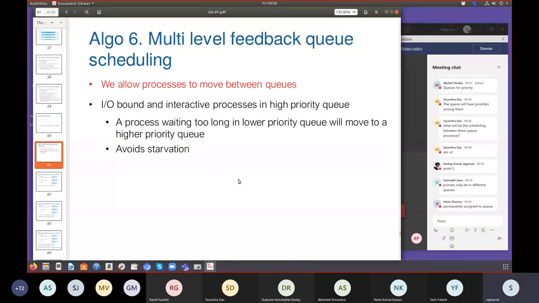So yes, we allow processes to move between queues. Here also, say IO bound and interactive processes will be in high priority queue. However, a process waiting too long in the lower priority queue will be moved to a higher priority queue. This is another mechanism of avoiding starvation.